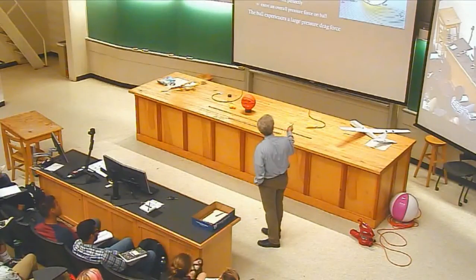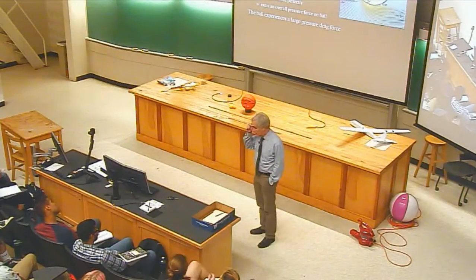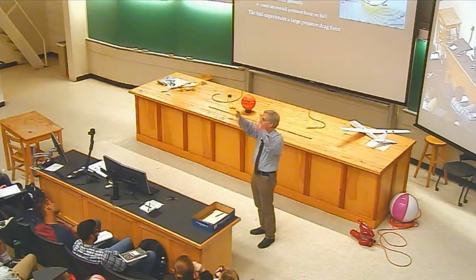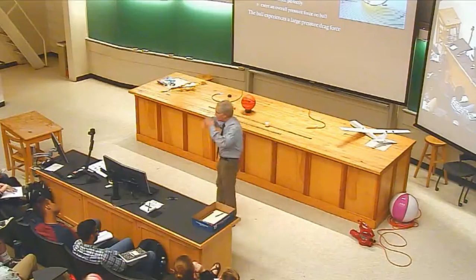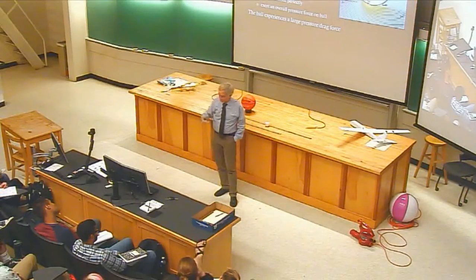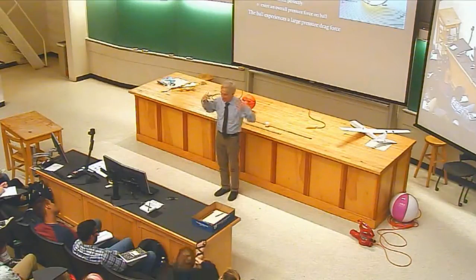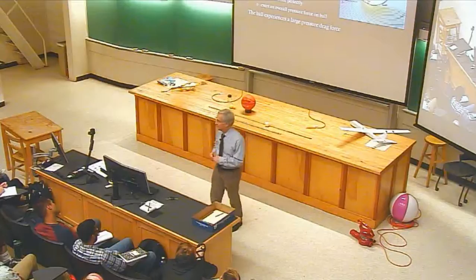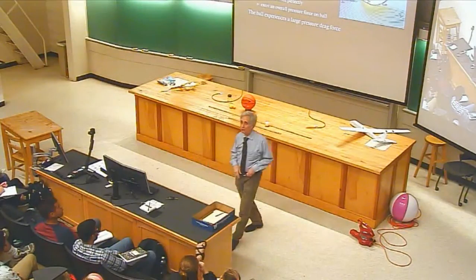So the turbulent wake that shows up behind basically any ordinary size object moving at any ordinary speed through air, you get a turbulent wake behind it. The layers of air right near the surface of the object don't make it to the back of the object. Those layers right near the surface of the object have a name. They're called the boundary layer.